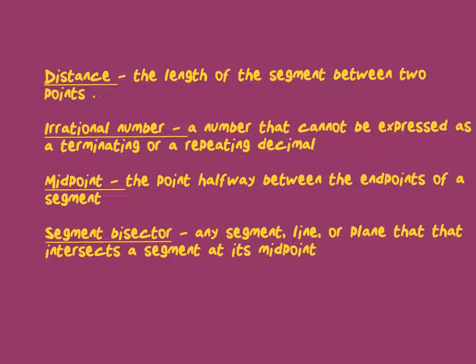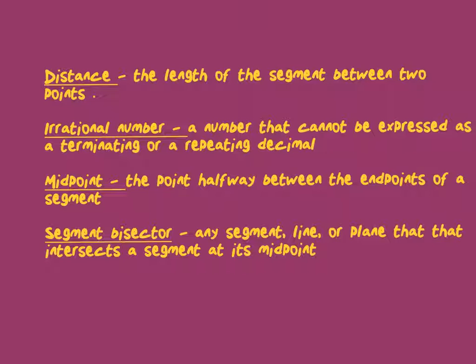A couple of words that you're going to need to know for the section. The first one is distance, which is the length of the segment between two different points. An irrational number is a number that you cannot express as a terminating decimal or as a repeating decimal.